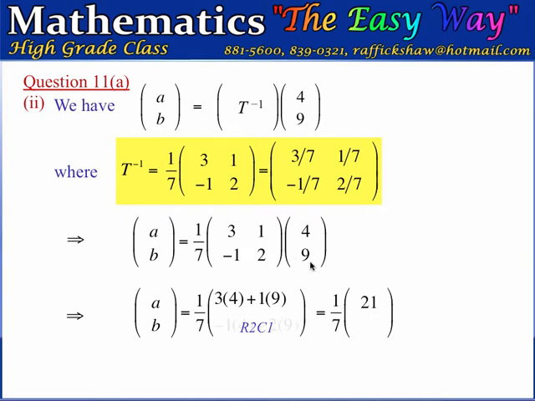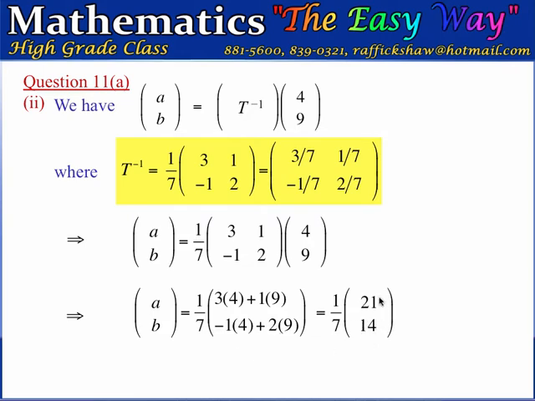And when we do that calculation, this is it. The negative 1 is multiplied by 4, plus the 2 is multiplied by 9. And when we do this calculation, the result is 14, because negative 1 times 4 is negative 4 and 2 times 9 is 18. So this works out to negative 4 plus 18, which becomes 14.